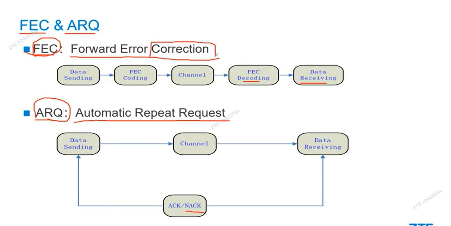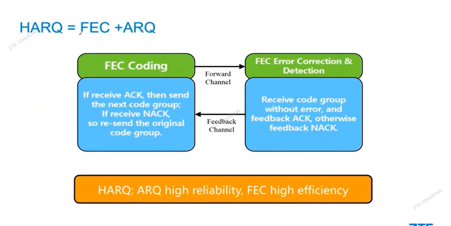So what is HARQ? HARQ adds these two technologies together. During data transmission, first we use FEC and try our best to correct errors. If I can correct the errors, everything is fine, and I will feedback ACK. If I cannot correct the errors, I will use the ARQ technology to feedback to the transmitter: please retransmit to me again.